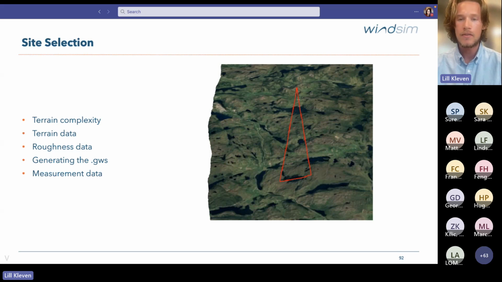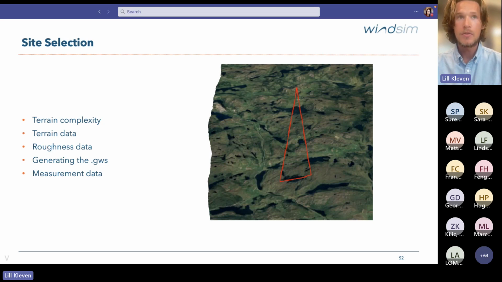It was semi-complex terrain with elevations between 100 and up to 400 or 500 meters. So the first step was to get the terrain data.